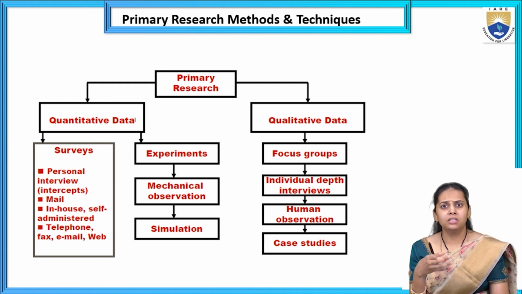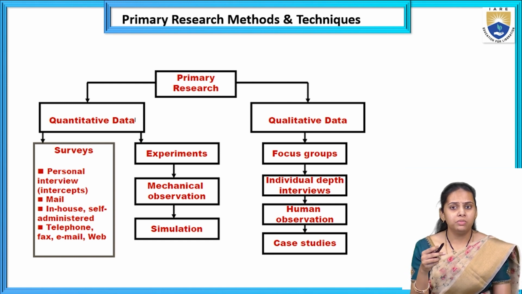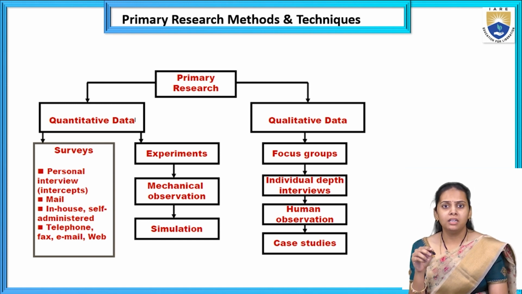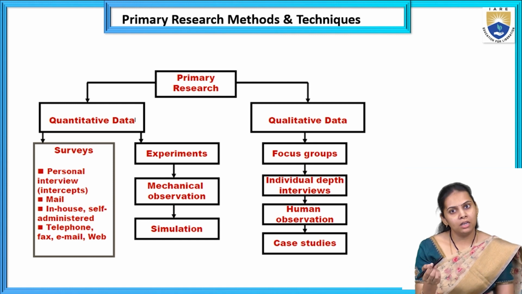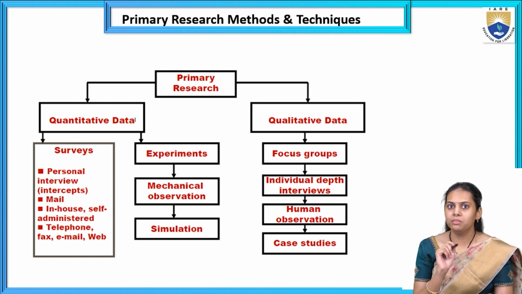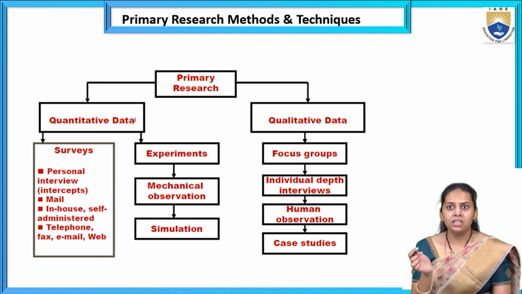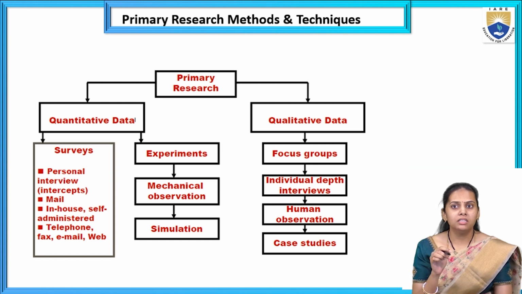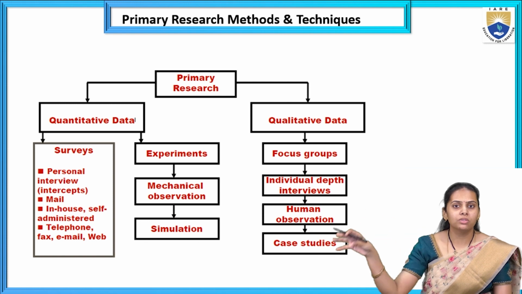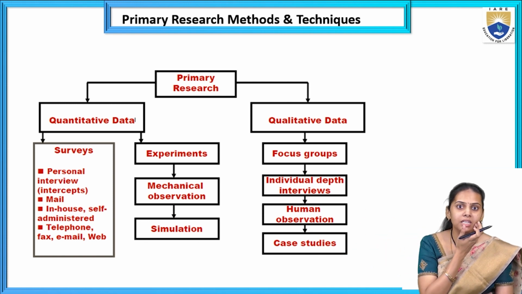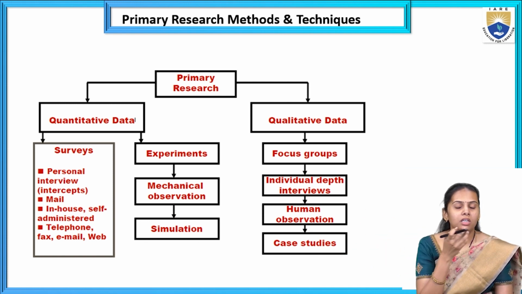All this comes under quantitative research. Sometimes we go with the experimental manner, sometimes mechanical observation, and sometimes simulations. Whereas qualitative data is always from focus groups, individual in-depth interviews, human observation, or case studies.